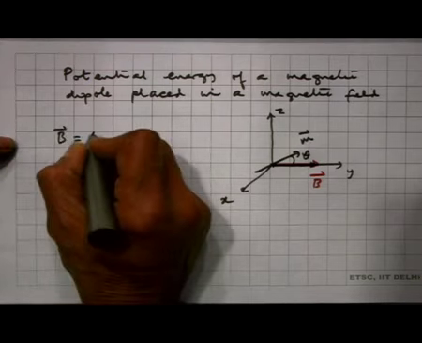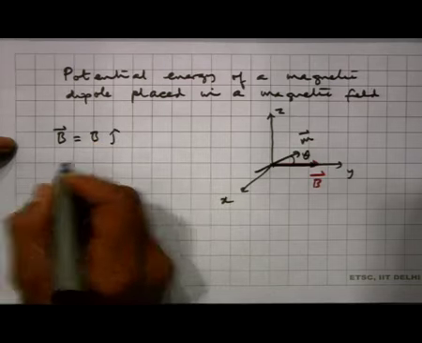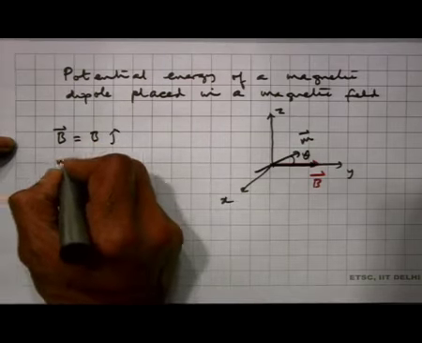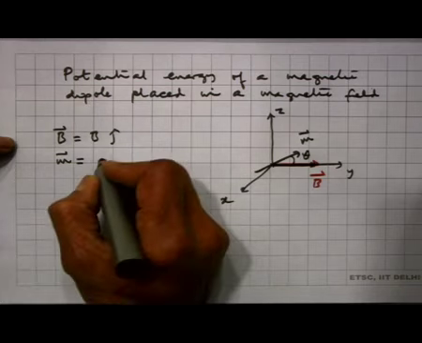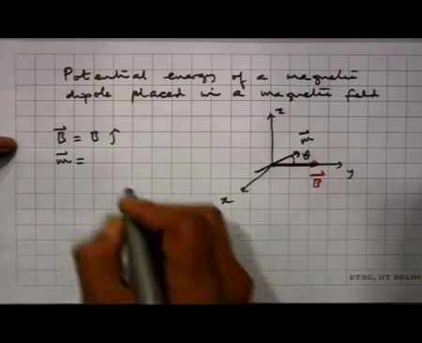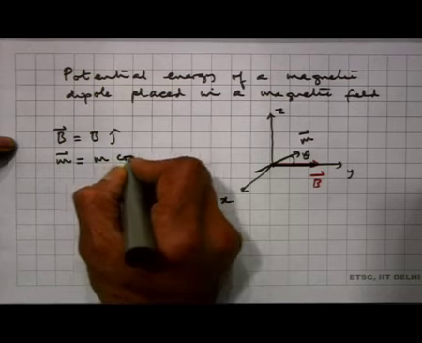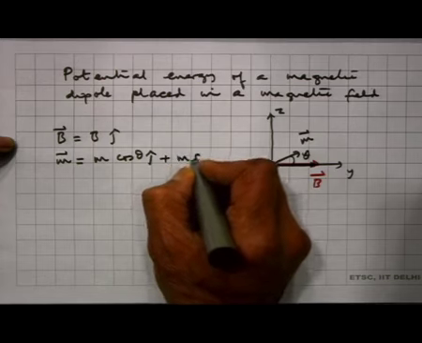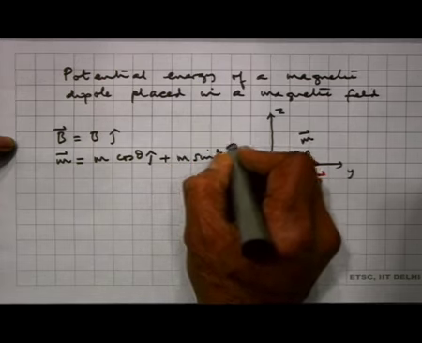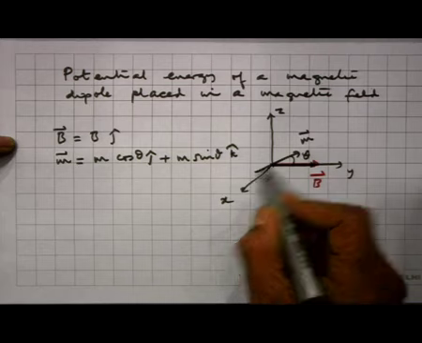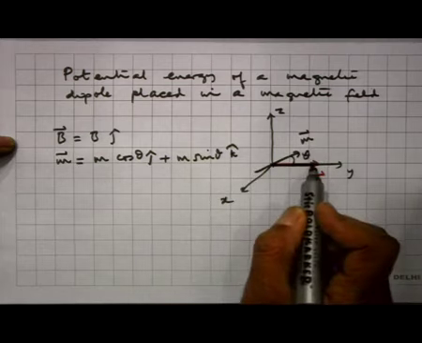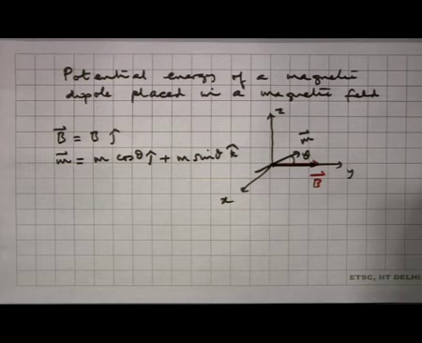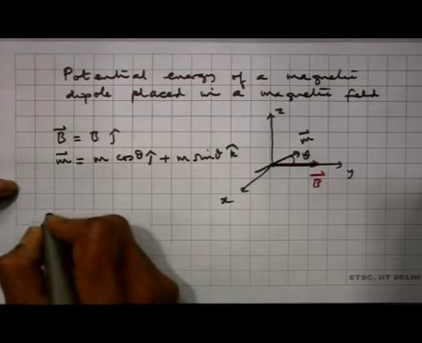B is equal to B j cap. It is along the y direction. The dipole moment has a y component and a z component. So, this is m cos theta j cap plus m sin theta k cap. I am assuming that the magnetic dipole is in the yz plane and the direction of the magnetic field is along y.